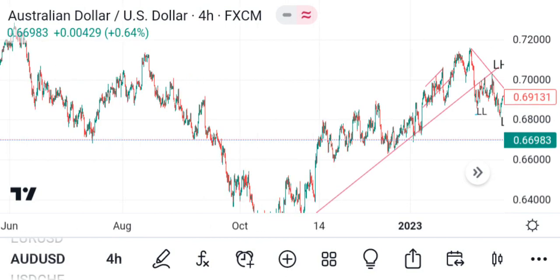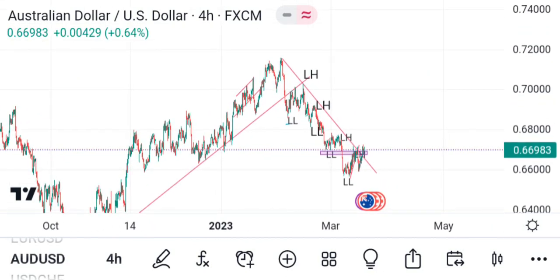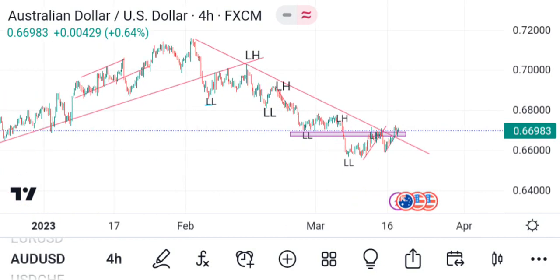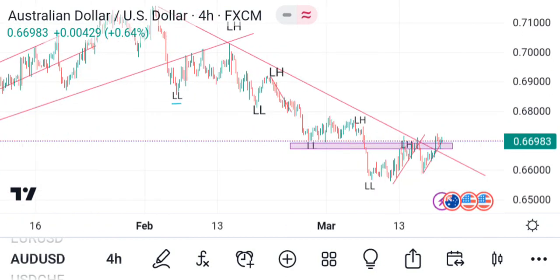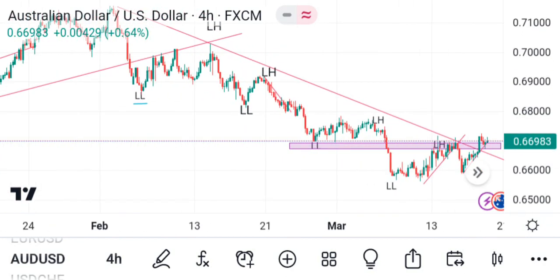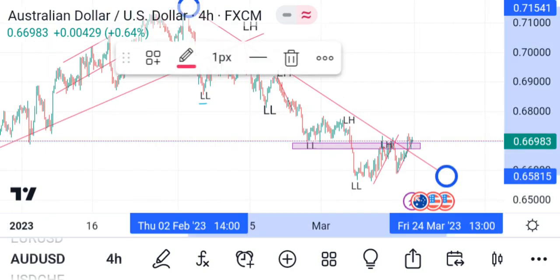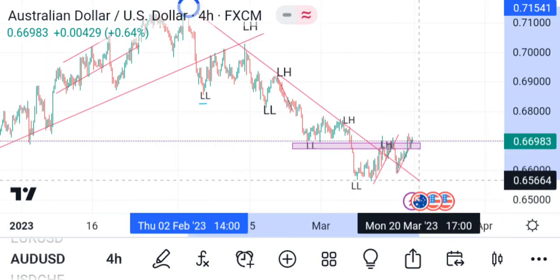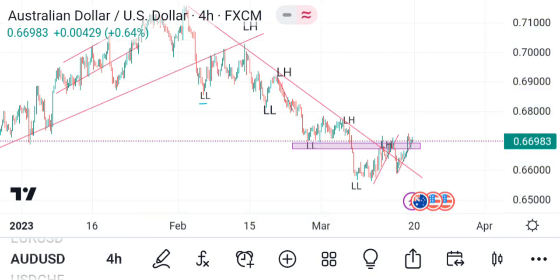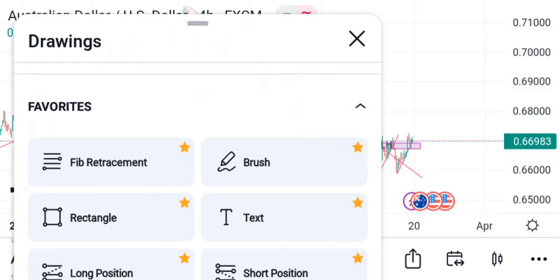Okay, let me explain just from this chart here. Let's explain from this and see what happened.